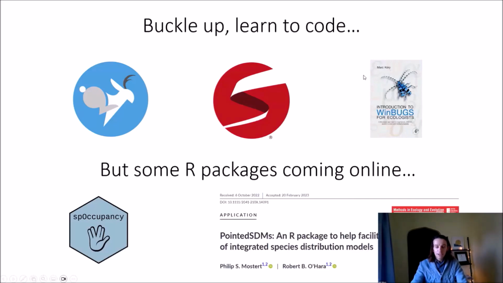There are some R packages showing up on the scene that are allowing users to fit integrated models with relatively user-friendly interfaces. So for example, Jeff Doser's spOccupancy package has functionality to fit integrated occupancy models, the models fitting or integrating multiple presence-absence data sets.